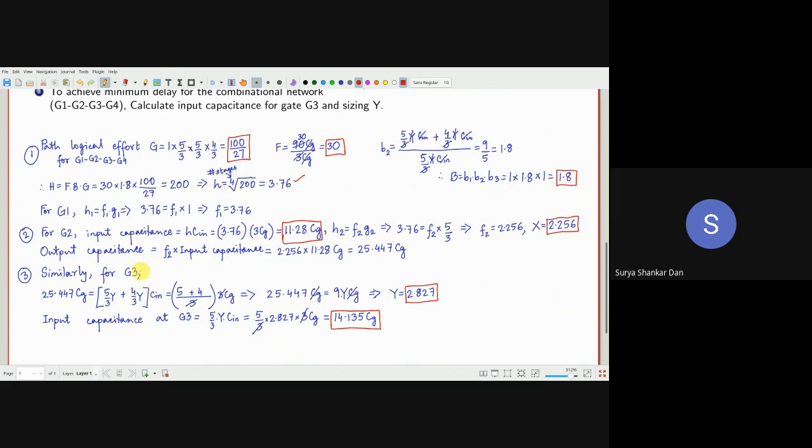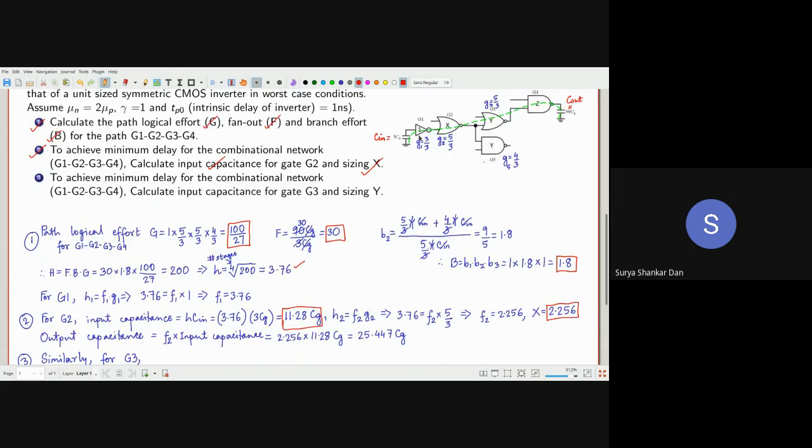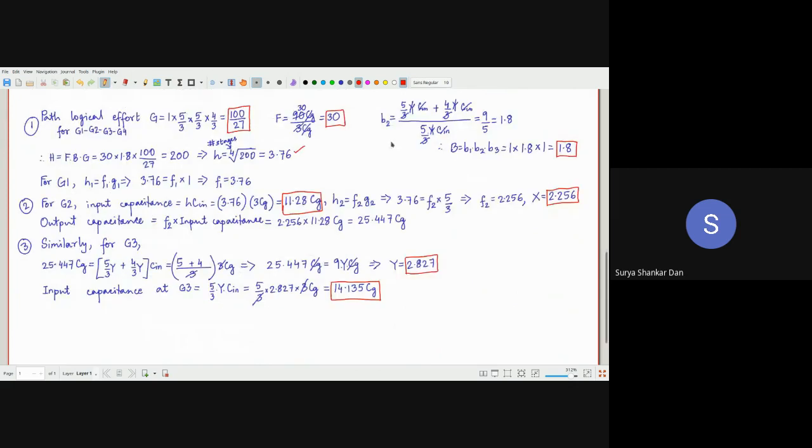C in of the entire system is 3 Cg. So this 3 cancels and you are left with, oh sorry, there'll be a Y, right? Okay, so you are left with 9Y Cg, and essentially Y is equal to this.